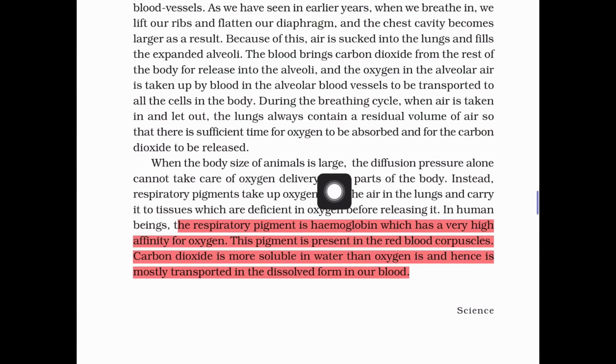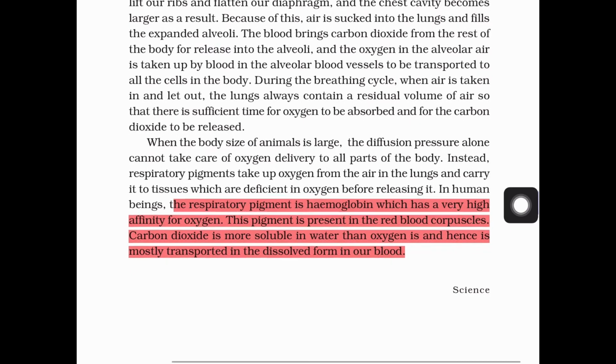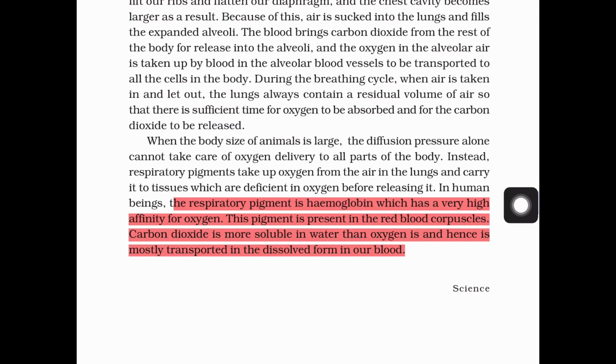When the body size of the animal is large, diffusion pressure alone cannot take care of oxygen delivery to all parts of the body. If the animal is very large, for example an elephant, a blue whale, or a human being, diffusion pressure is not sufficient to supply oxygen to all the cells of the organs.